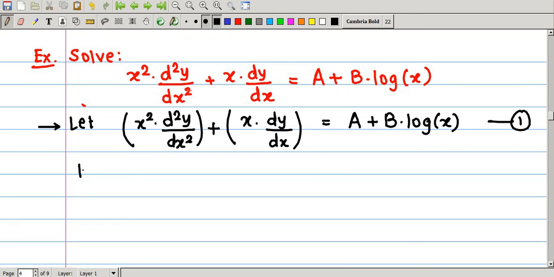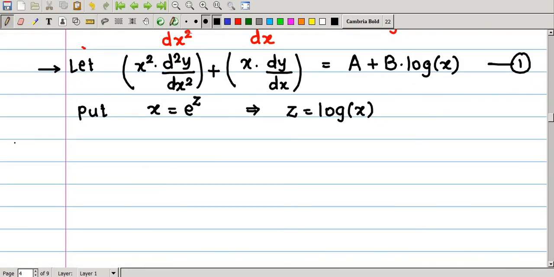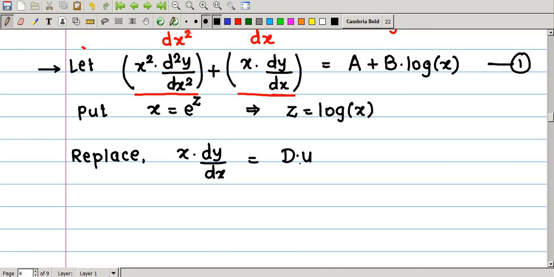So we use the substitution. Put variable coefficient x is equal to e raised to z. This implies z is equal to log x. And we replace the derivative terms. There are two derivative terms containing variable coefficient. So we replace x into dy by dx by using D into y.